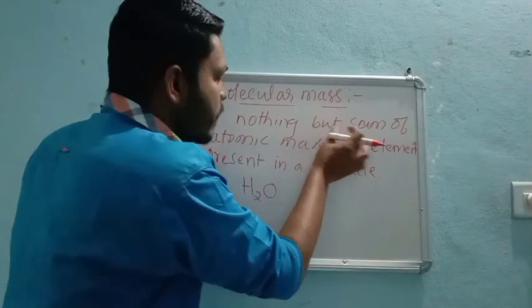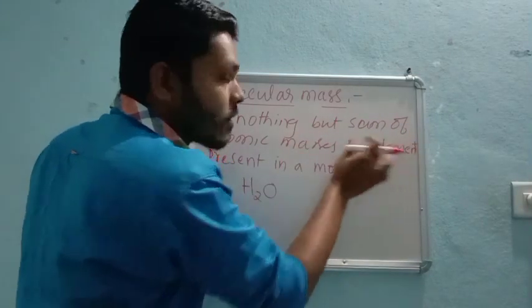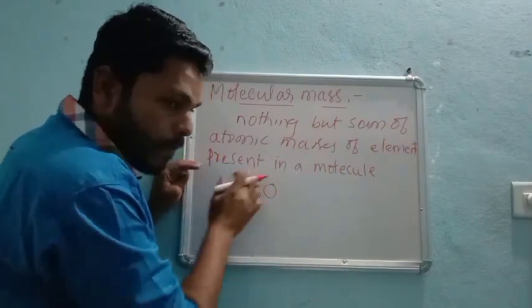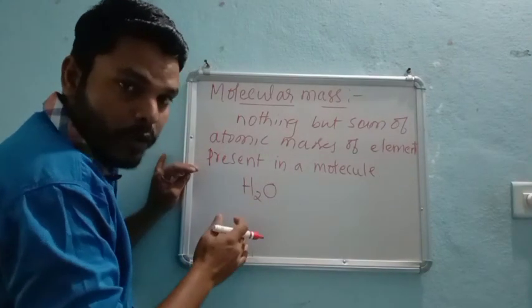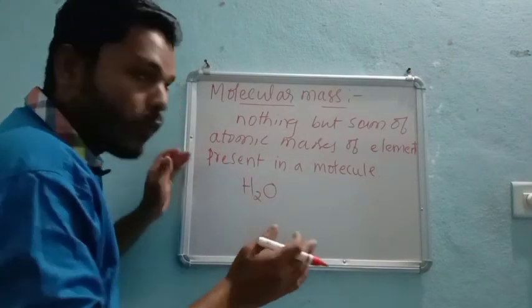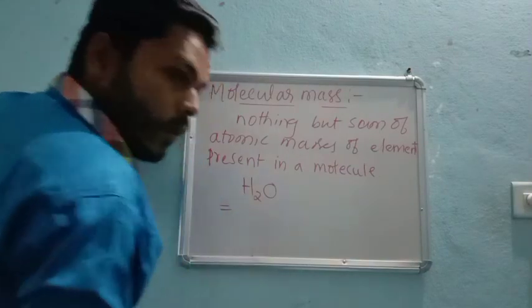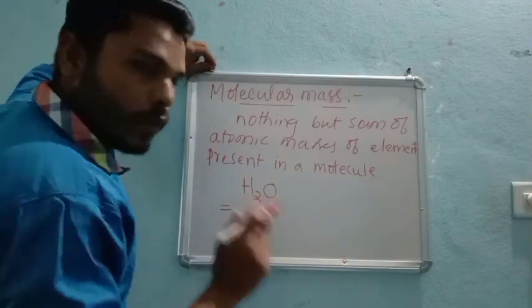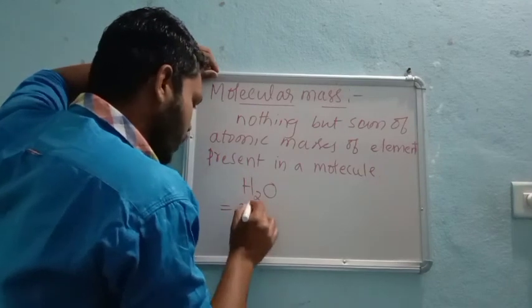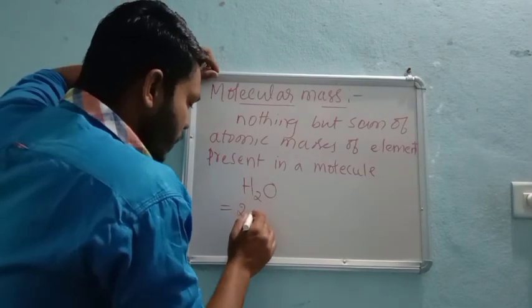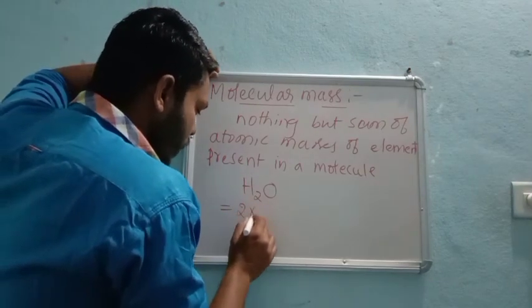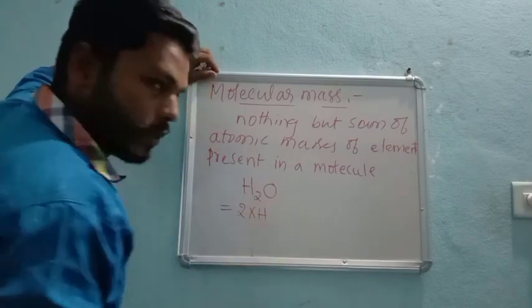See here, sum of atomic masses of the elements, that means the elements present in a given molecule or compound, we have to add up, right? Now there are how many hydrogens? 2 hydrogens. Just take 2 into hydrogen, there are 2 hydrogens.